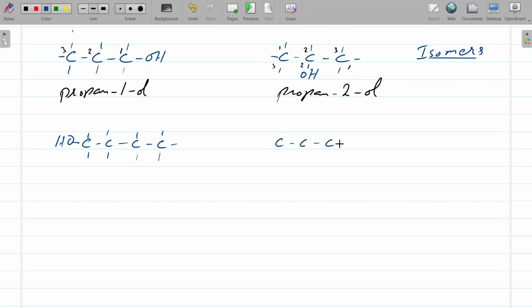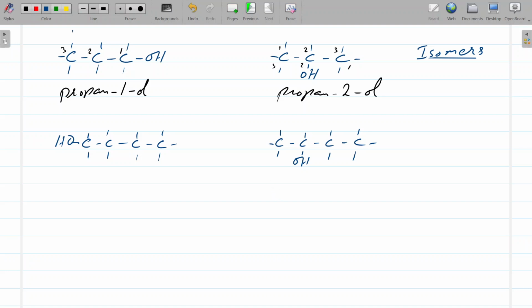Butanol. And then you've got this guy. This is also butanol because it has a hydroxyl group as its functional group, and it's a 4-carbon molecule. So this is also butanol.